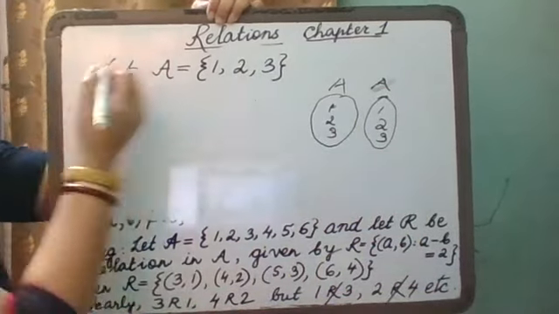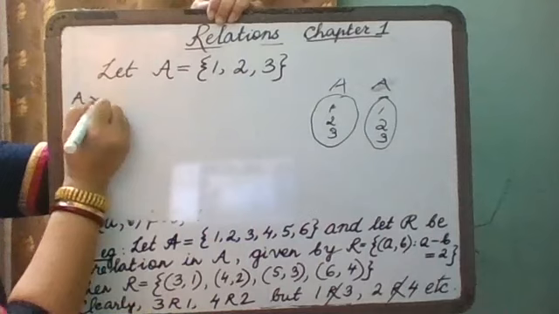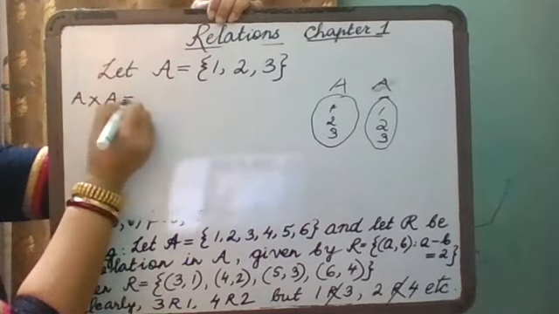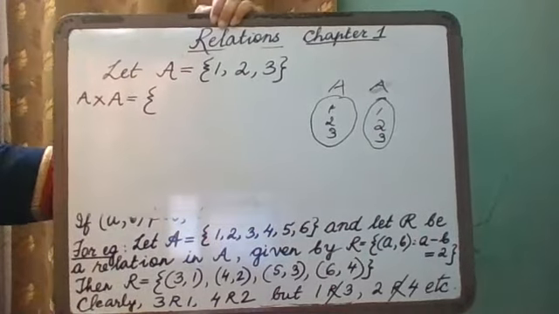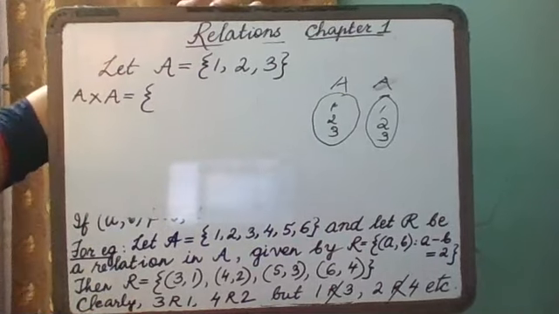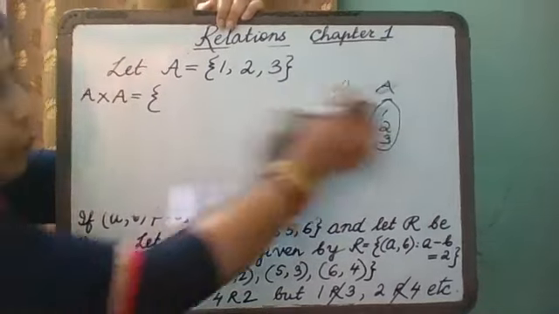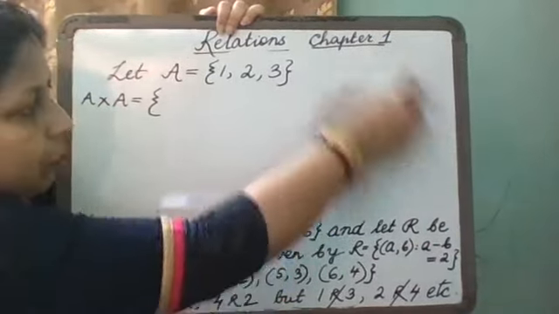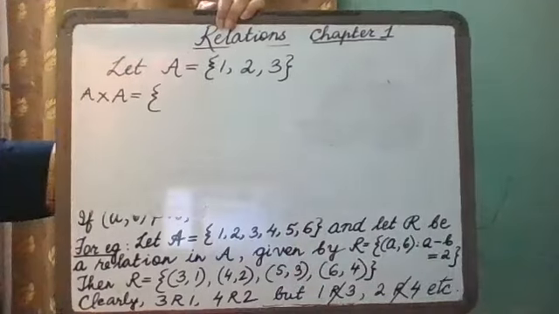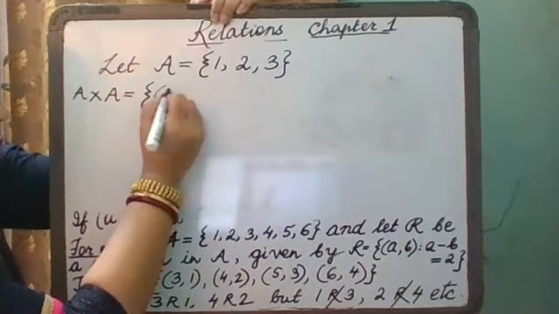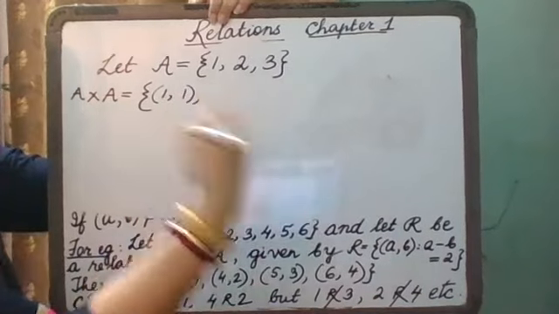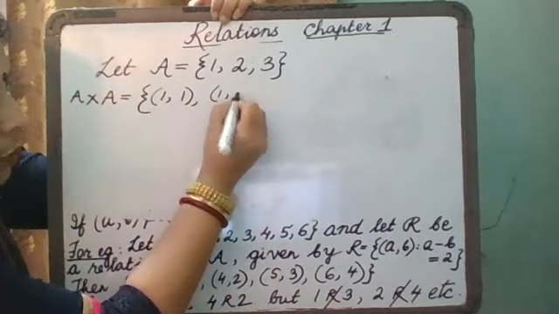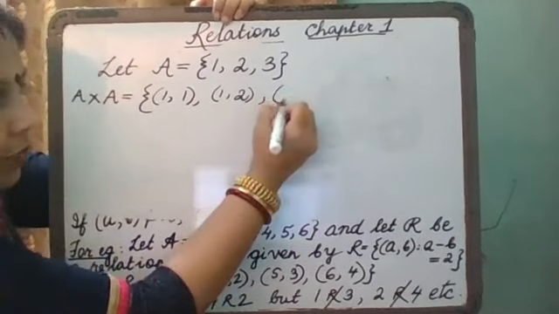Now, if I write A cross A, Cartesian product, class 11, you all know how to find the Cartesian product. How to find the ordered pairs? Let us do that. 1, 1. I hope you remember. 1, 2, 1, 3.